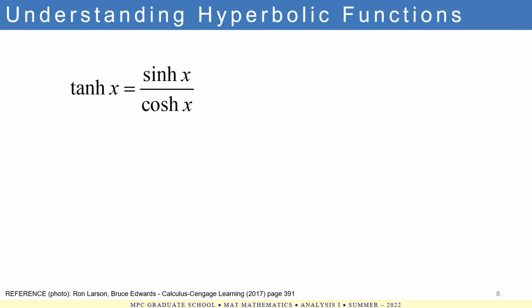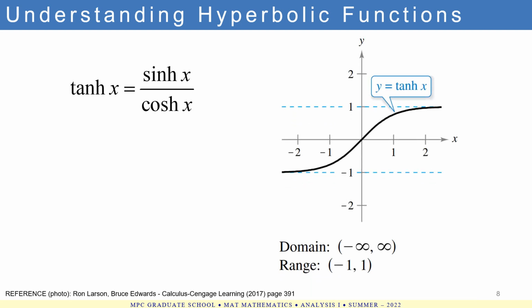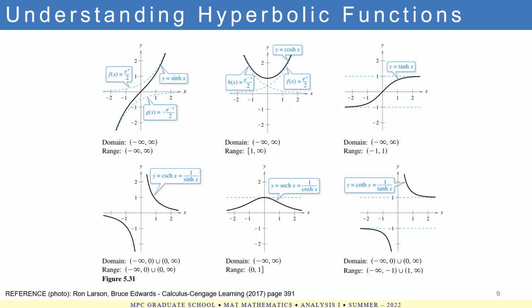Hyperbolic tangent will just be hyperbolic sine over hyperbolic cosine, and that will look like this, with horizontal asymptotes at -1 and 1. And then, we can have the other three hyperbolic functions of cosecant, secant, and cotangent, which are just the reciprocals of the first three.